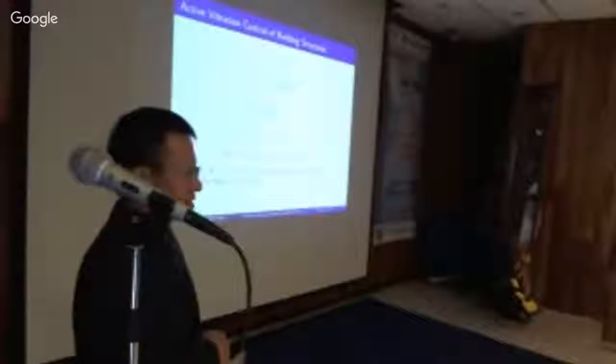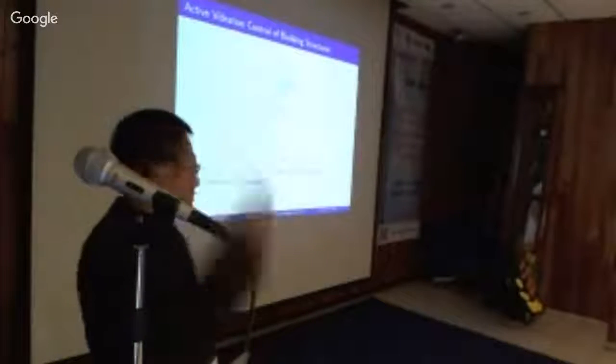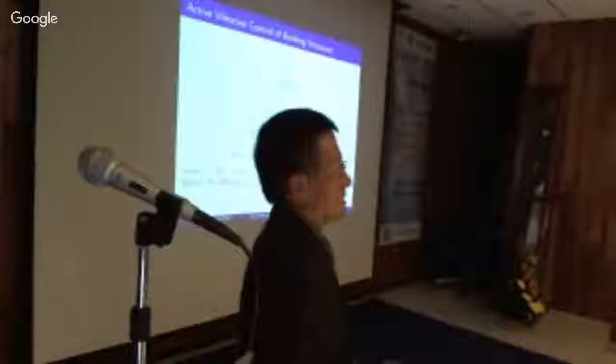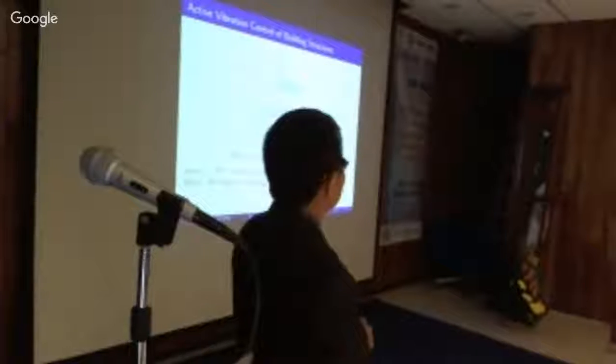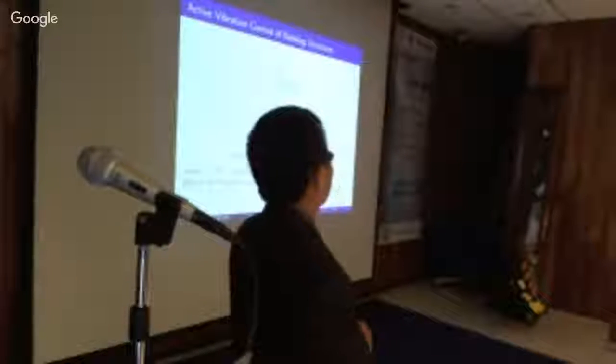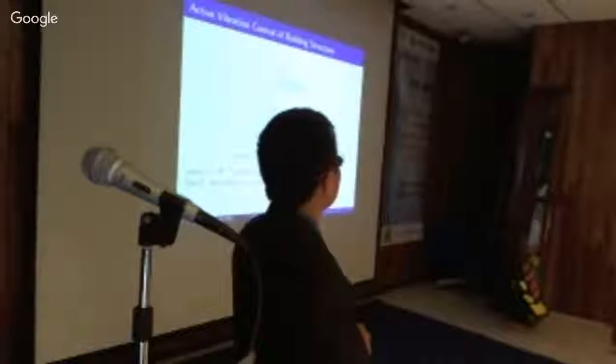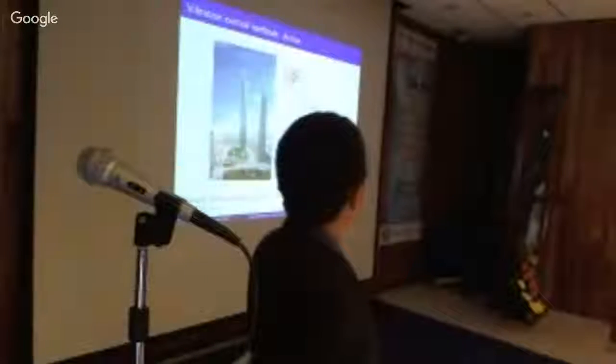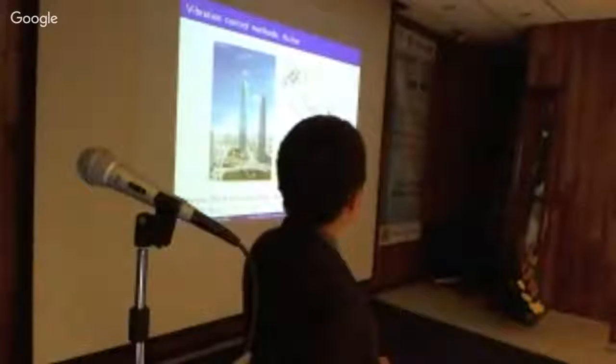So here the state is dimension 20, we have 20 floors, and U is a scalar, one dimension. No choice. It can be applied, but now they only put it here.